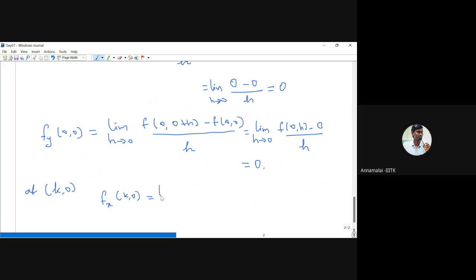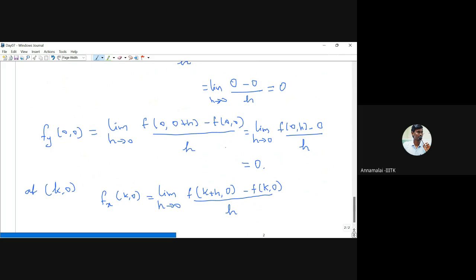So this is nothing but limit h goes to 0 of f(k + h, 0) minus f(k, 0), whole divided by h, because here y is fixed, that is constant. What is the limit of this?